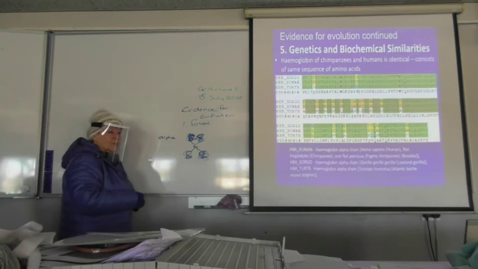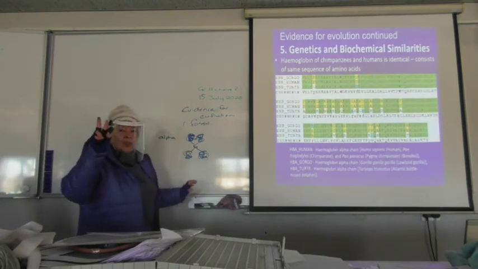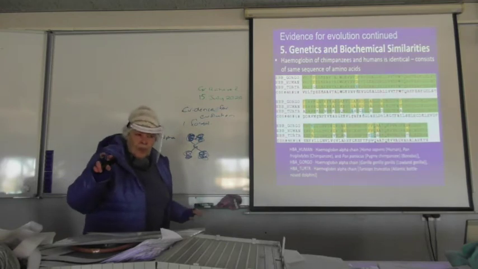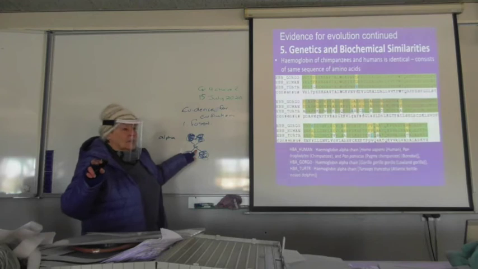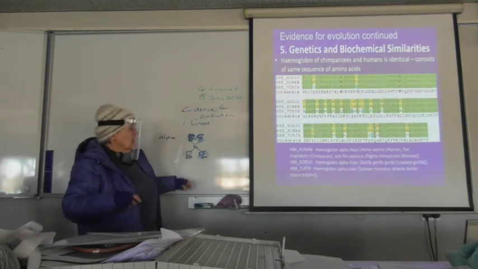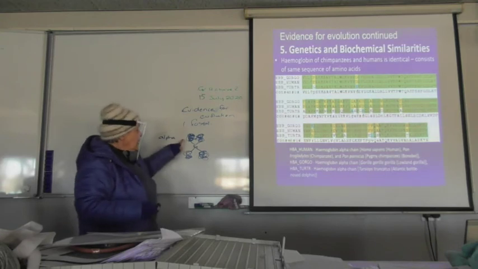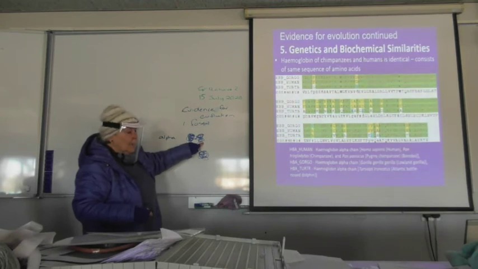Hemoglobin is a protein, but it is actually made up of 2 identical alpha chains and 2 identical beta chains, held together by an iron atom in the middle. That's hemoglobin.